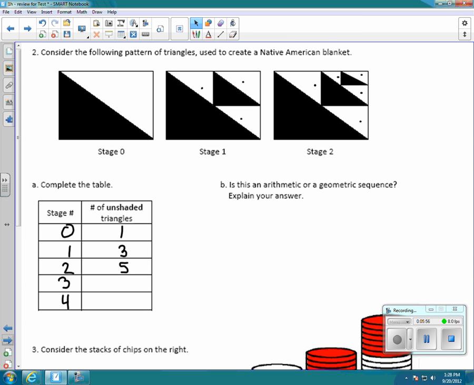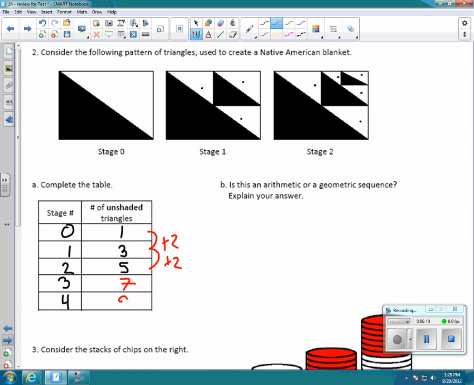Now, when we did a pattern similar to this, we kept multiplying, but there's nothing I can multiply here. I'm basically just adding 2 each time because you're taking that unshaded triangle and making 2 more unshaded triangles in it.